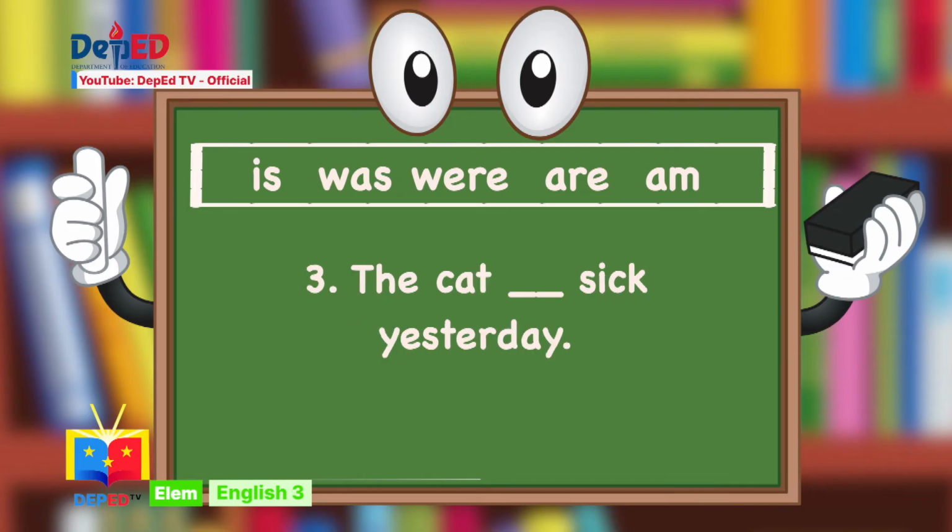Number 3. The cat blank sick yesterday. Cat is singular and the sentence is in past tense. So what be verb should we use? Was is right. The cat was sick yesterday.